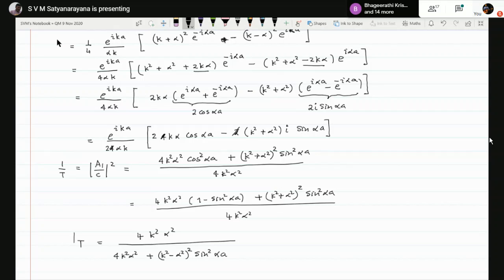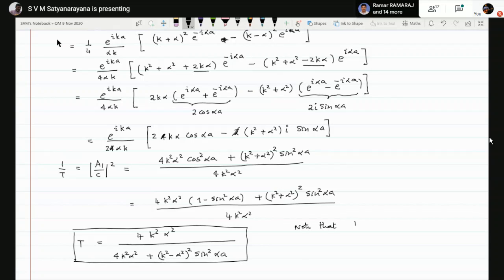So this is the expression for the transmission coefficient. Okay, but note that my k square is twice m E by h bar square, and alpha square is twice m E minus V naught divided by h bar square.